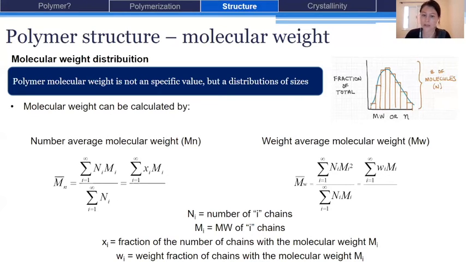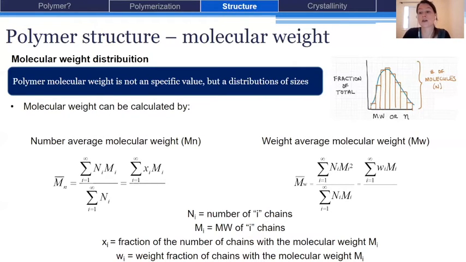So here we are talking in terms of number of chains having a specific molecular weight. Okay. On the other side, we have the weight average molecular weight, Mw, which is equal, in fact, to the weight fraction of chains with the molecular weight, Mi, in our sample, times the molecular weight, Mi.